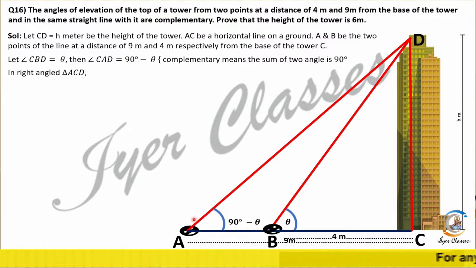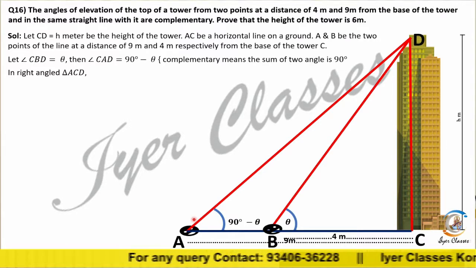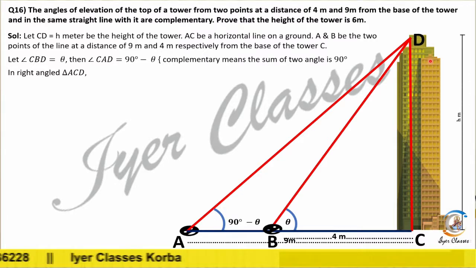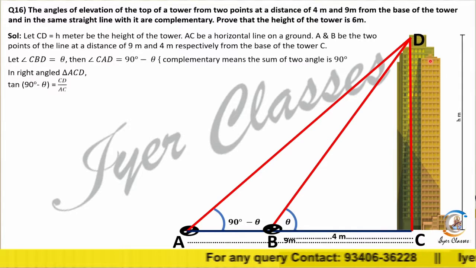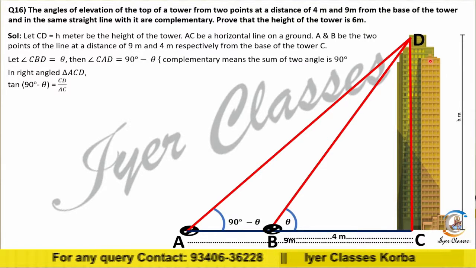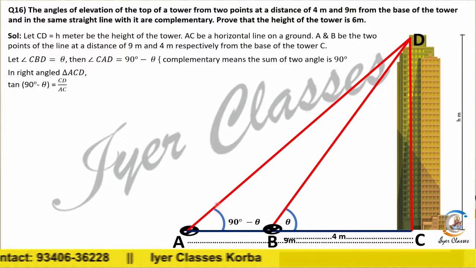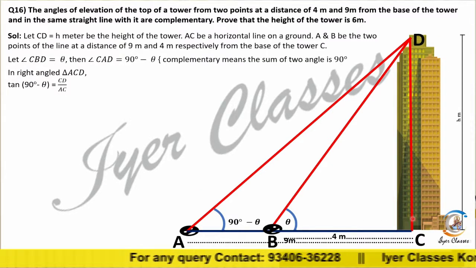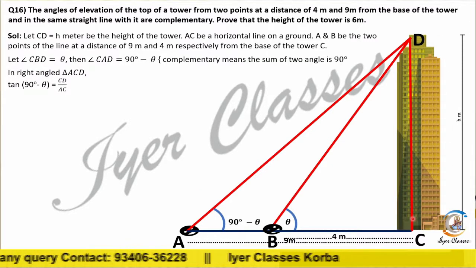Now, in right angle triangle ACD, I am pointing it here, this is the right angle triangle. We can use simple trigonometrical ratios to find the height of the tower. In triangle ACD, we are supposed to find the value of tan 90 minus theta. Tan theta is equal to perpendicular by base. So what is the perpendicular in triangle ACD?